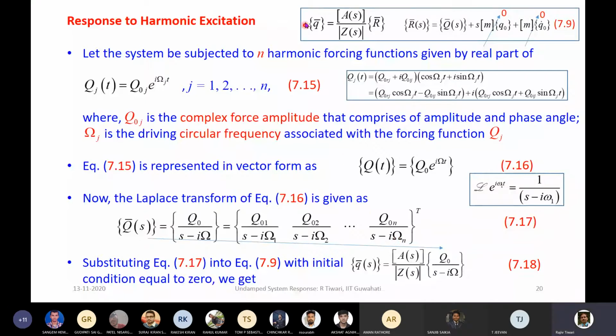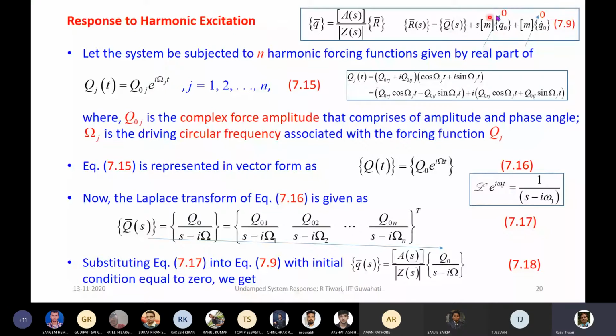Now if you go back to the representation of the response in the Laplacian domain, this was the force, the adjoint matrix and the Z matrix. So the force we represented by the external force and the initial conditions. In the present case, we are considering the harmonic excitation, the external one. Initial conditions we are ignoring because, as I mentioned, once the steady state force is there, even if some initial conditions are there, after some time their effect dies out.